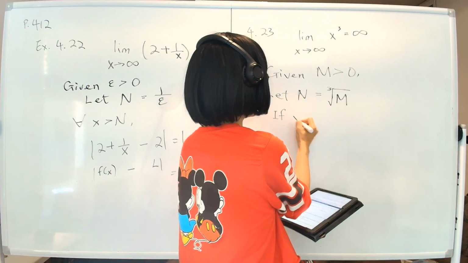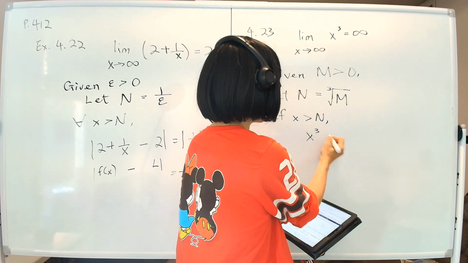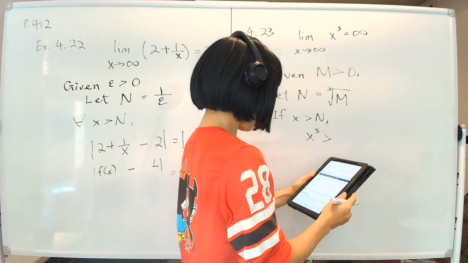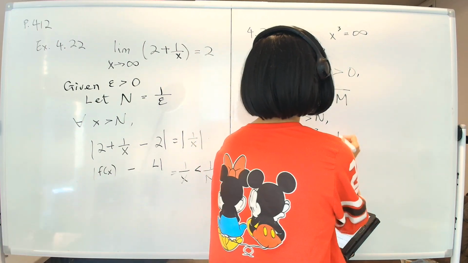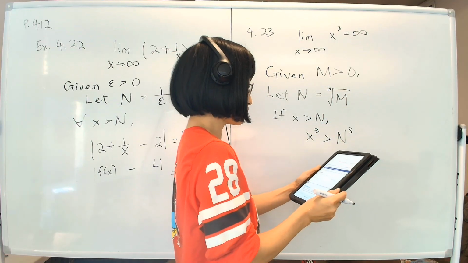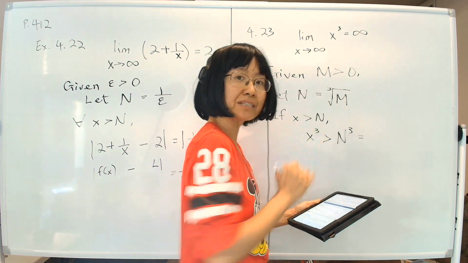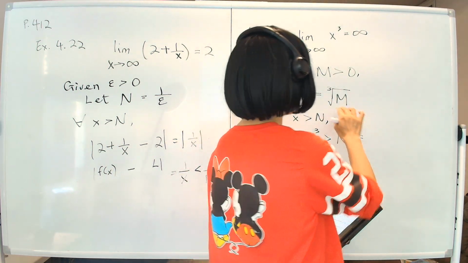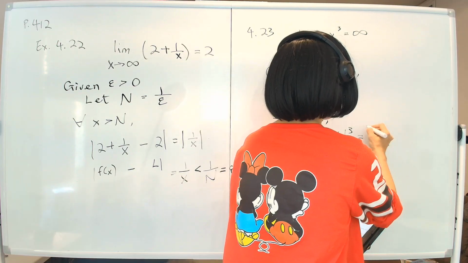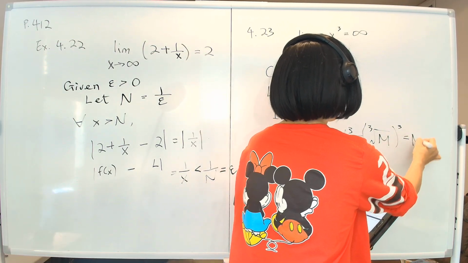And then if x is bigger than N, then x cubed is going to be bigger than N cubed. So far, so good. And what is N cubed? N cubed, from the relationship we designed earlier, is just the cubic root of M, cubed, which is equal to M itself.